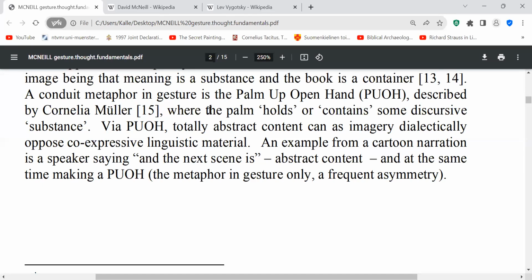Via the poi, totally abstract content can, as imagery, dialectically oppose co-expressive linguistic material.